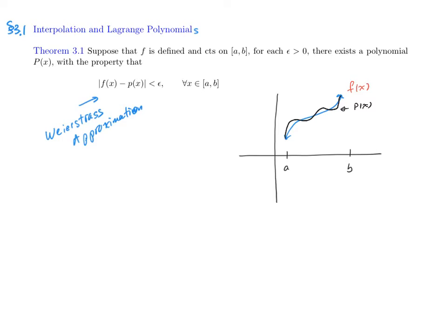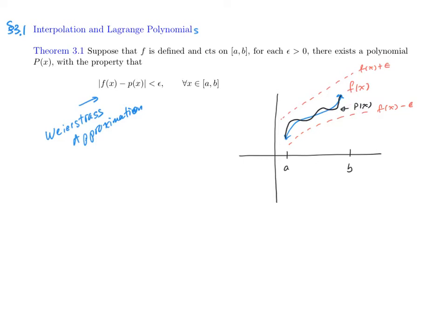So you could have here, for example, f of x plus epsilon, and this will be f of x minus epsilon.